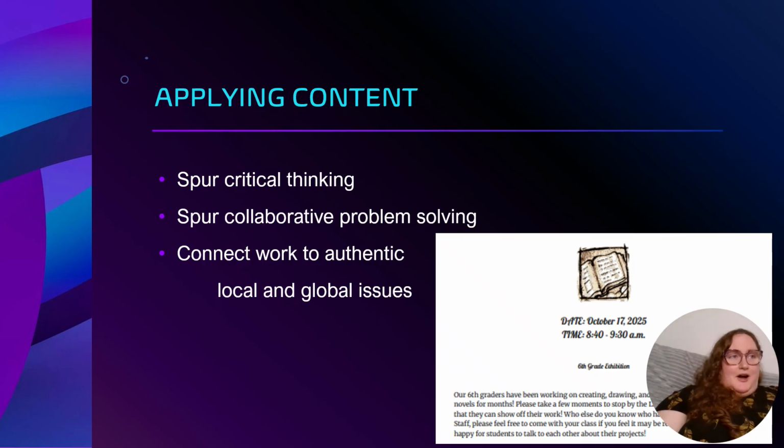I didn't look at the whole project until after the exhibition happened. It was a really great way to get them looking at local issues. And then our current project, the Poetry Slam, writing in free verse about an issue they're passionate about, has them definitely thinking about global issues.